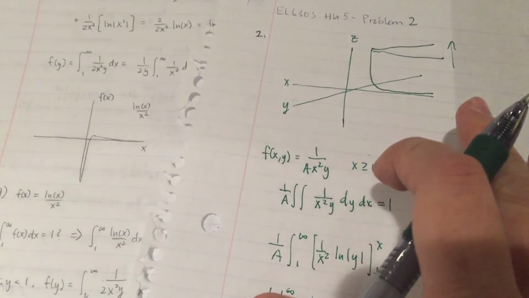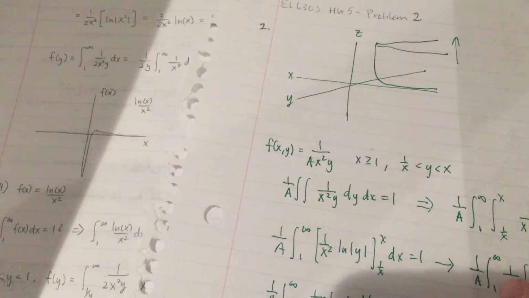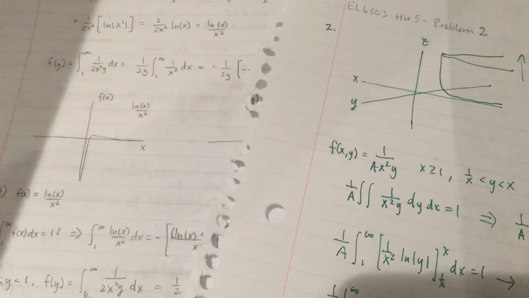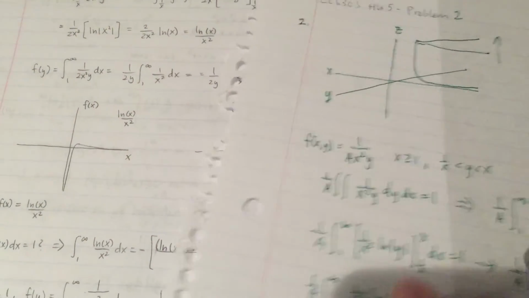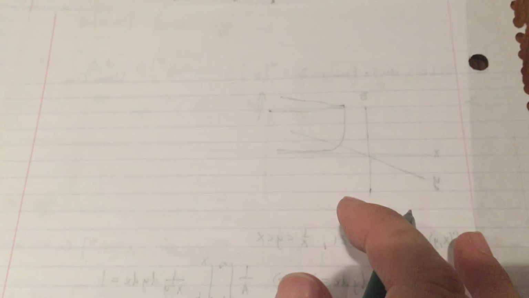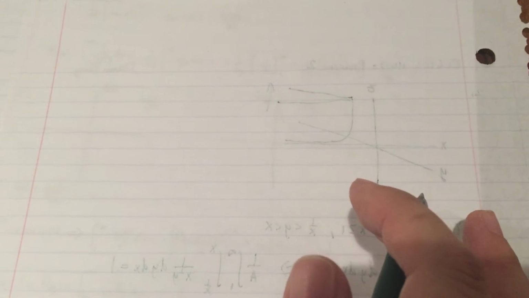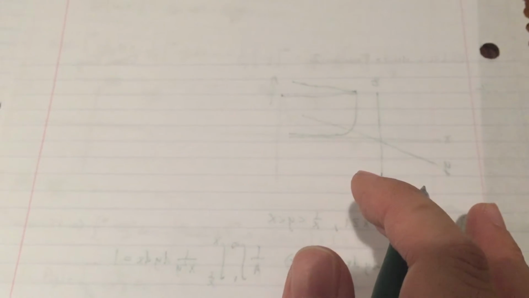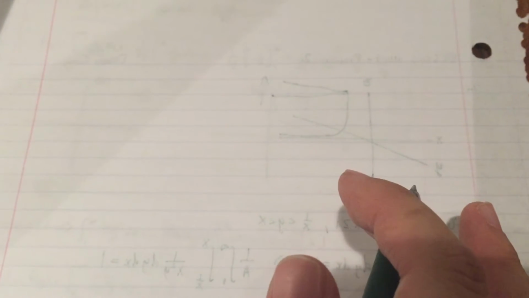So for the third part, it asks to find and draw the marginal density functions f of y and f of x. What you do here is when you find f of x, you use dy, and you do it from 1 over x to x, and that's the bounds for y.